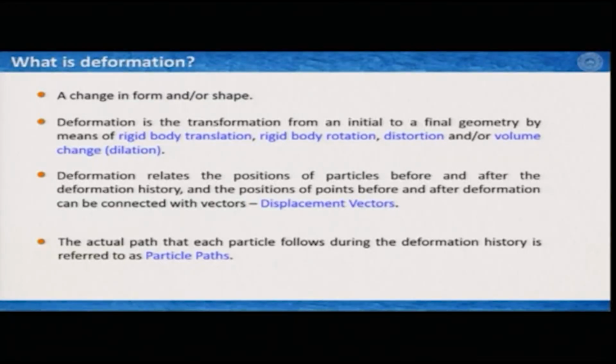So, the actual path that each particle followed during the deformation history is referred as particle path. So, in the following slides, what we are trying to learn is what would be the displacement vectors and what would be the particle paths for rigid body translation, rigid body rotation, distortion, and volume change.